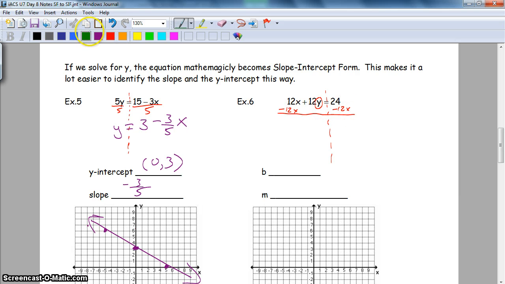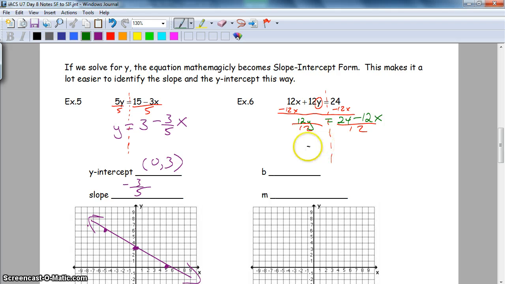So now we're at 12y equals 24 minus 12x. What needs to happen next? I'm going to divide by 12 on both sides.